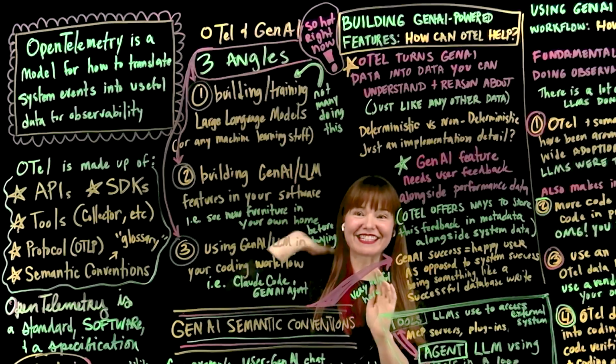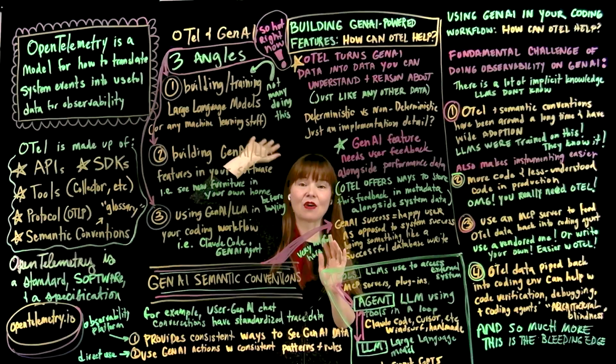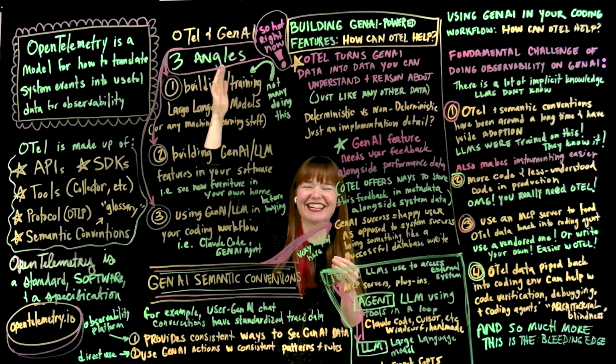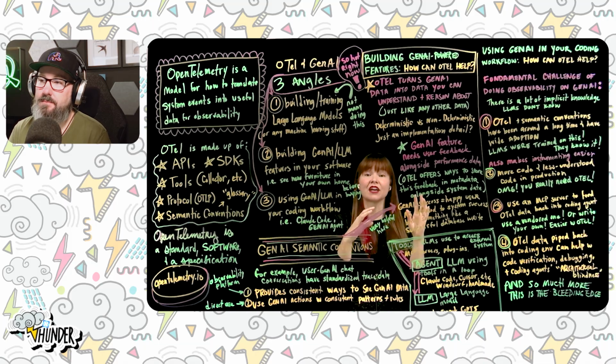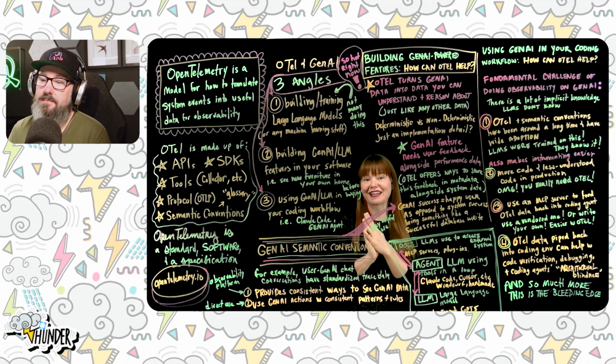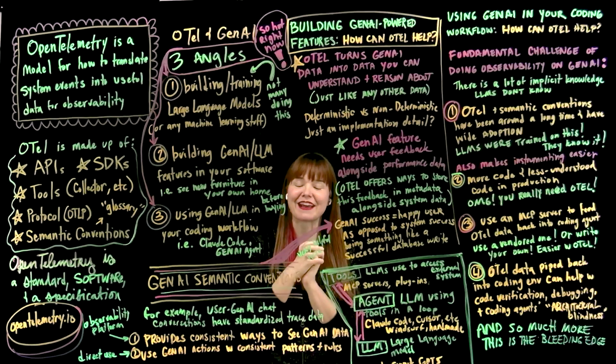So now we've talked about OpenTelemetry, and now we have a whole new kid in the class, a really loud one, GenAI. When you talk about GenAI generally, you might mean one of 3 different things. So what's the first thing you might mean when you're talking about GenAI? Sometimes when people are talking about GenAI or building GenAI, they're talking about actually creating models.